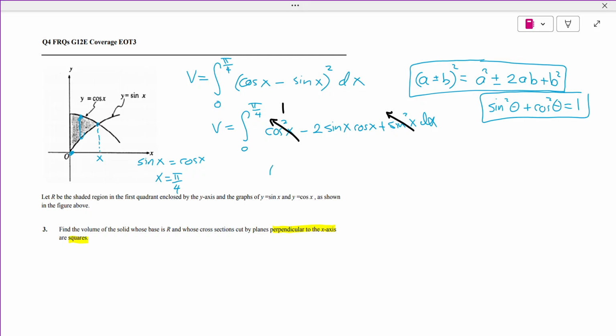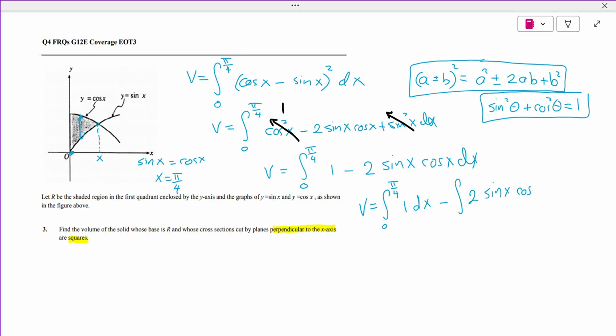So the volume now is the integral from 0 to pi over 4 of 1 minus 2 sine of x cos of x dx. Now, let's distribute the integral. So it's the integral from 0 to pi over 4 of 1 dx minus the integral of 2 sine of x cos of x dx from 0 to pi over 4.